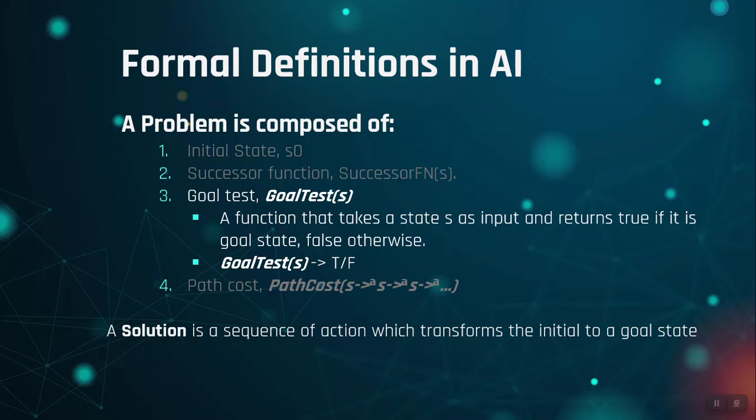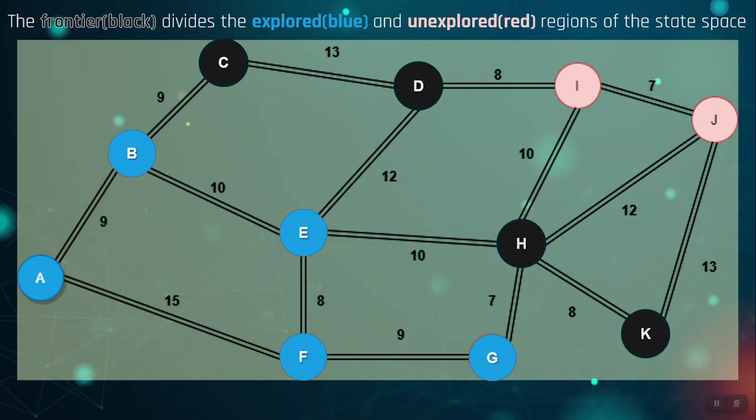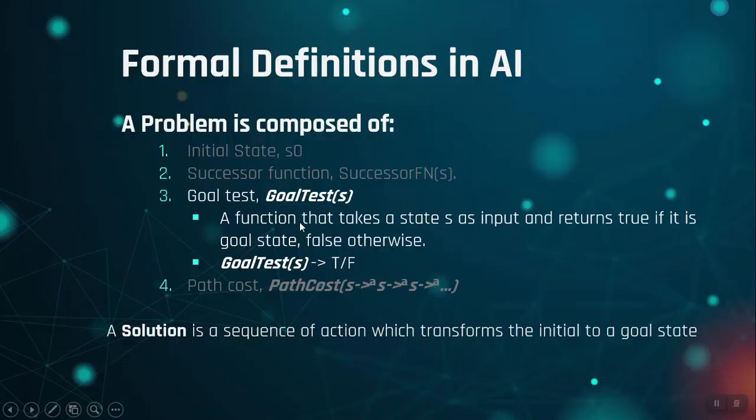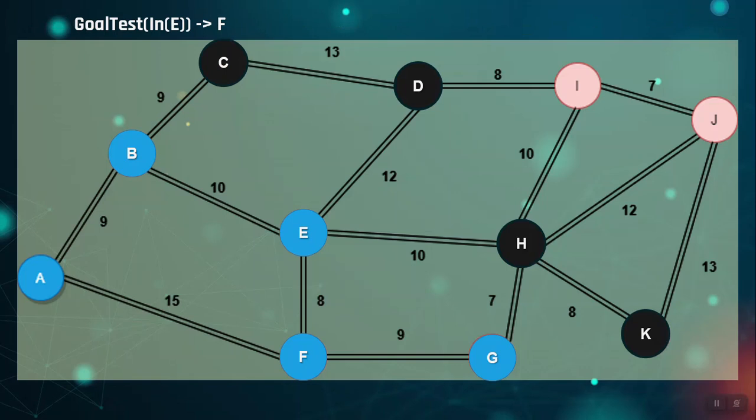Okay. So since the goal of the agent is to reach the state J, based from our graph, we want to reach J, and we are currently at state E or region E. So it's not yet the goal state. Okay. So goal test in E, for example, we are in E, so it would return false.